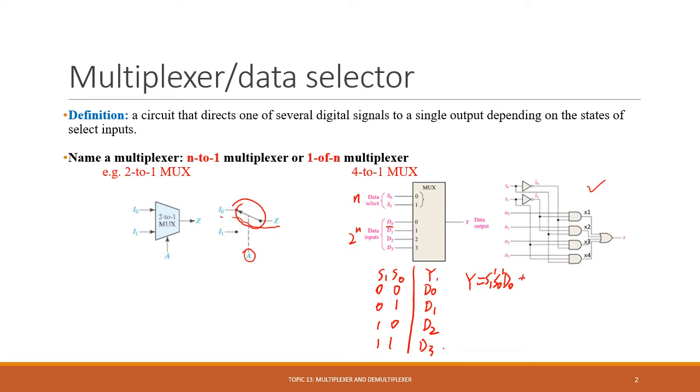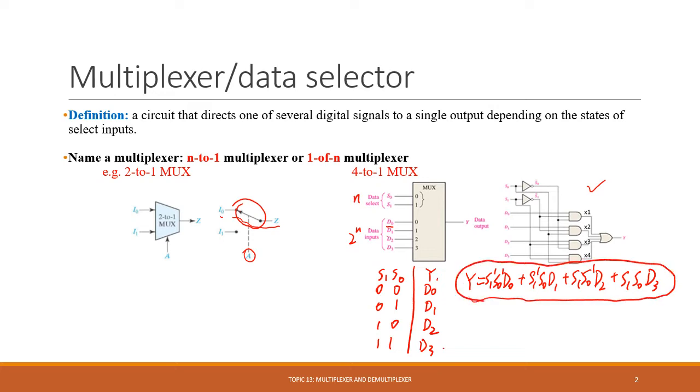And y will equal d1 when s1 equals 0, s0 equals 1. Similarly, y equals d2 when s1 is 1 and s0 is 0. Finally, if s1 is 1, s0 is 1, y should equal d3. So actually we can write the Boolean function of the output of a multiplexer.